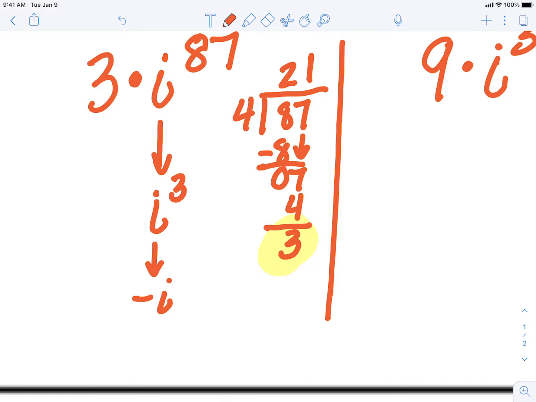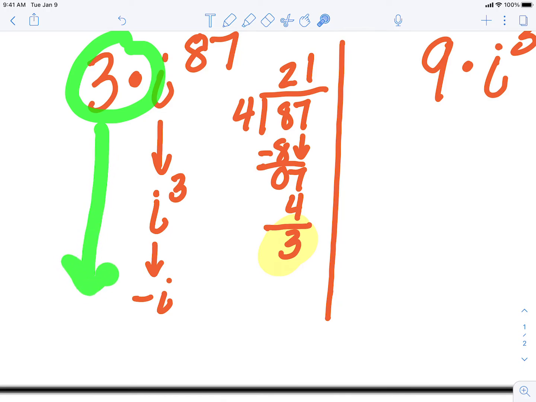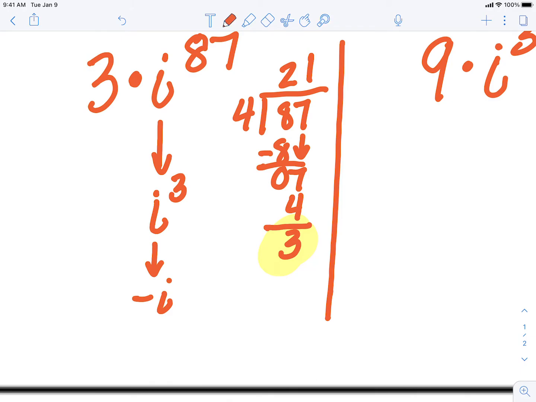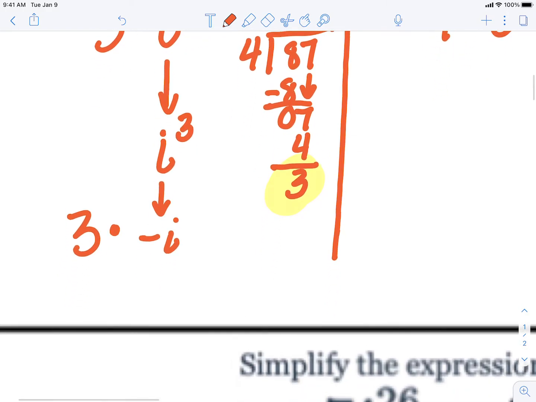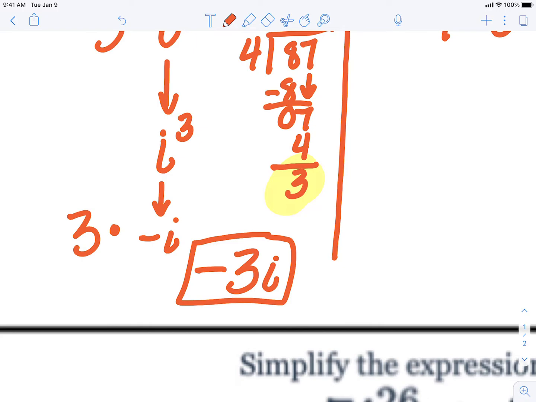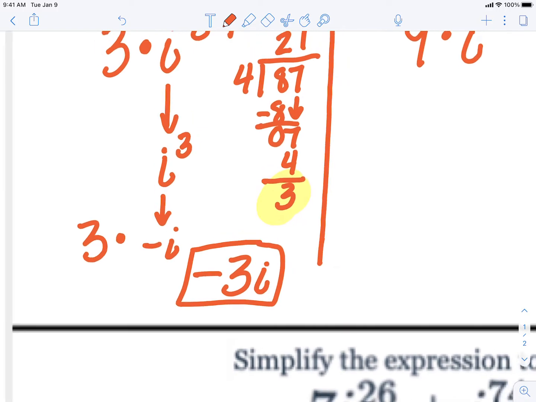Now this 3 times is going to come down here and be next to negative i. So I get 3 times negative i, which is negative 3i. That's my first part of the solution.